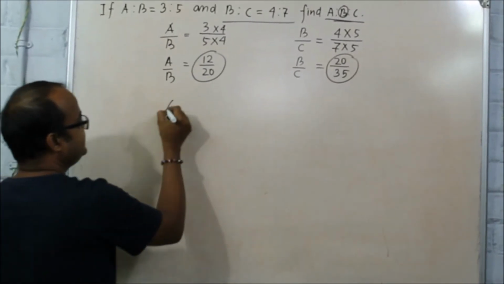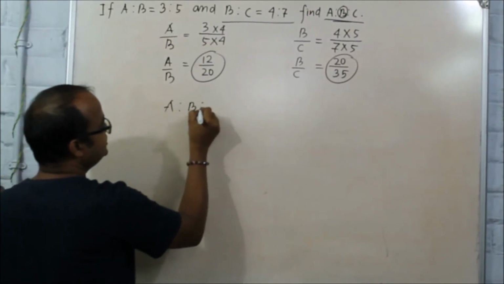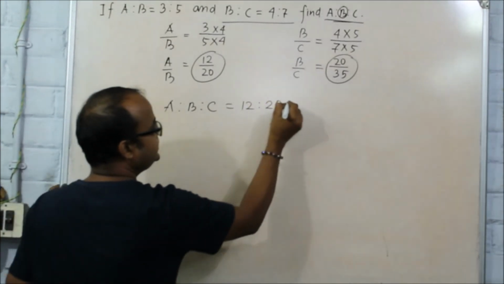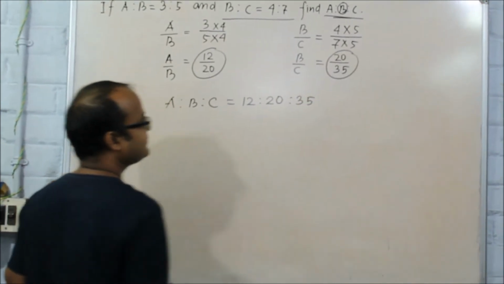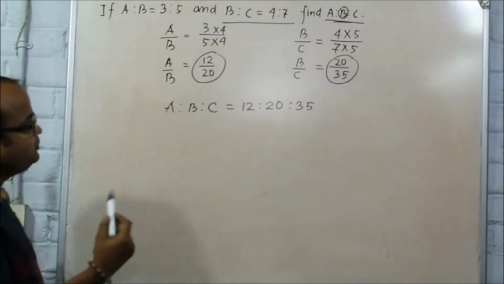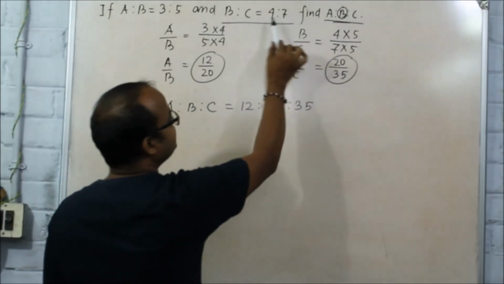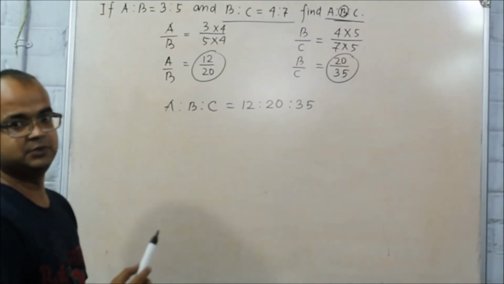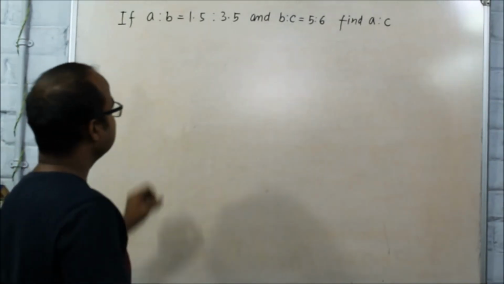Clear? That means A is to B is to C is equal to 12 is to 20 is to 35. Clear? We need to make B equal. So to make it equal, the simple thing, whatever the number appears here, we need to multiply the other ratio with that number. Let us take another sum.